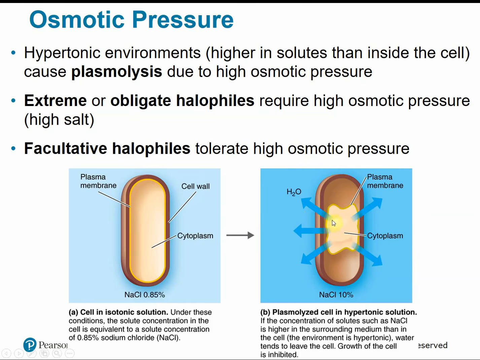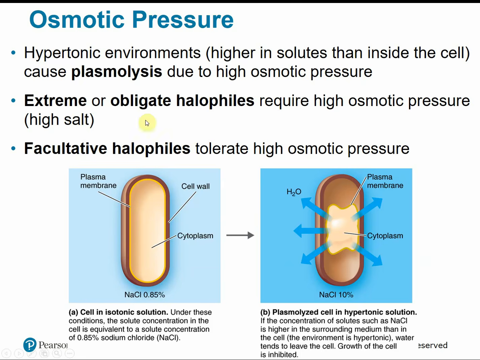The water will be drawn out of the cell toward this more concentrated solution due to that high osmotic pressure. However, some organisms prefer these super concentrated, or hypertonic, environments. Extreme or obligate halophiles require that high osmotic pressure or high salt environment. Facultative halophiles can tolerate high osmotic pressures if necessary.